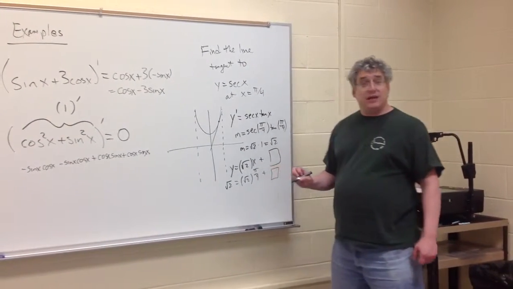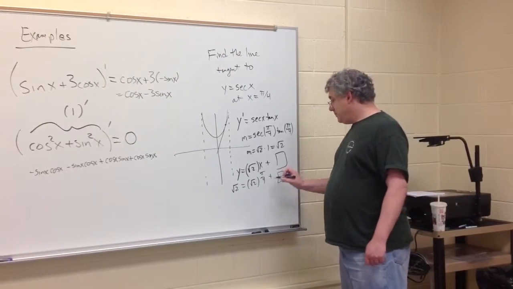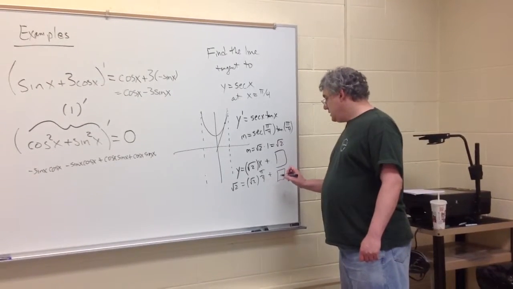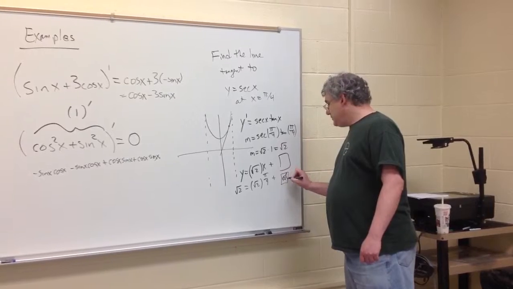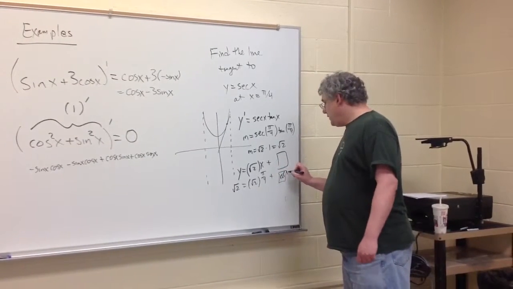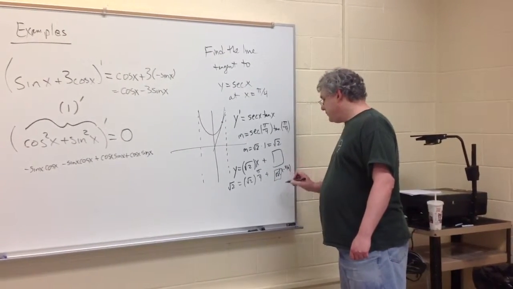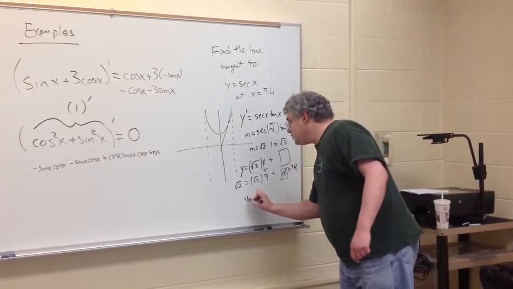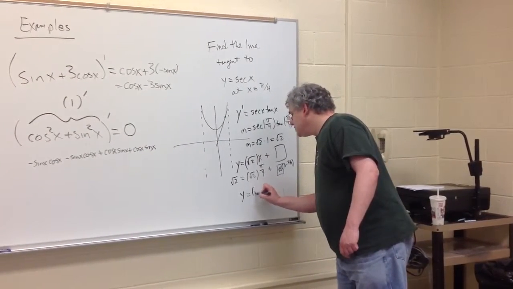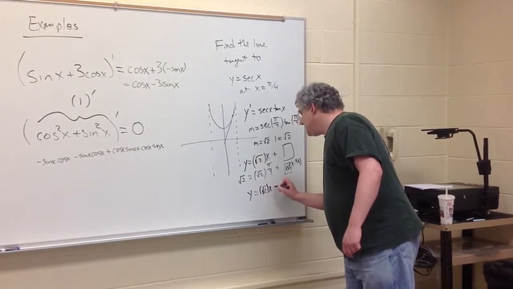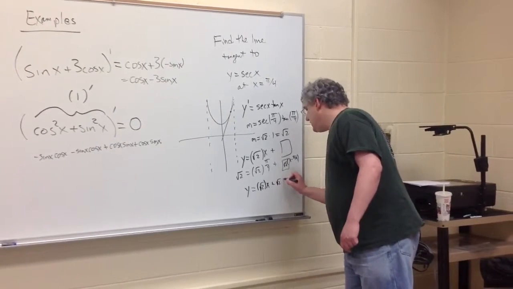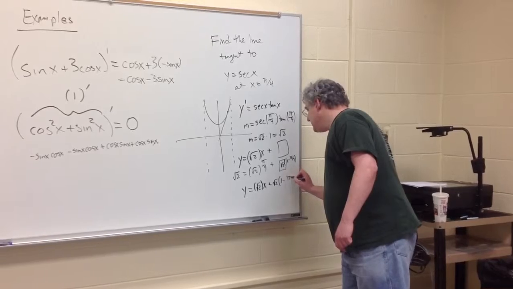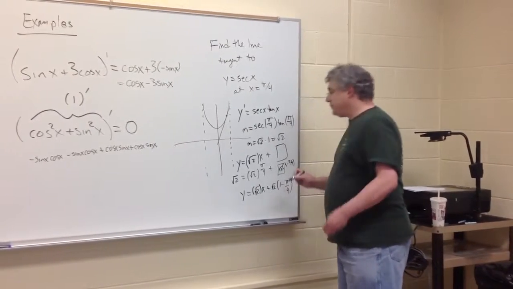How do you cancel that all out? That's going to be square root of 2 times, I believe, 1 minus pi over 4. Does that work? Yes. So our final answer is y equals square root of 2x plus square root of 2 times the quantity 1 minus pi over 4.